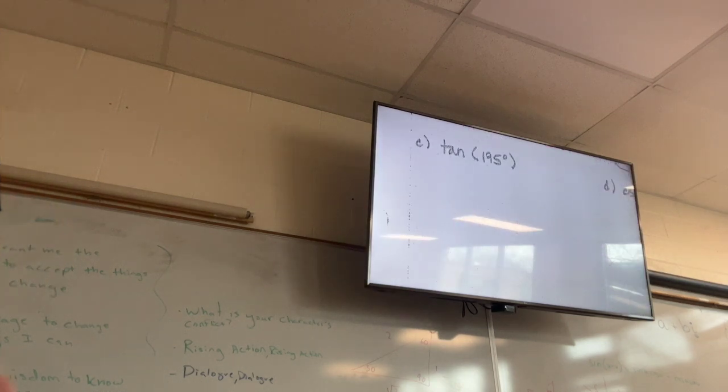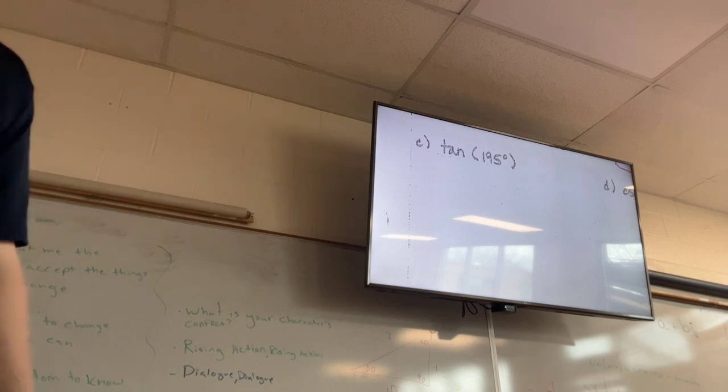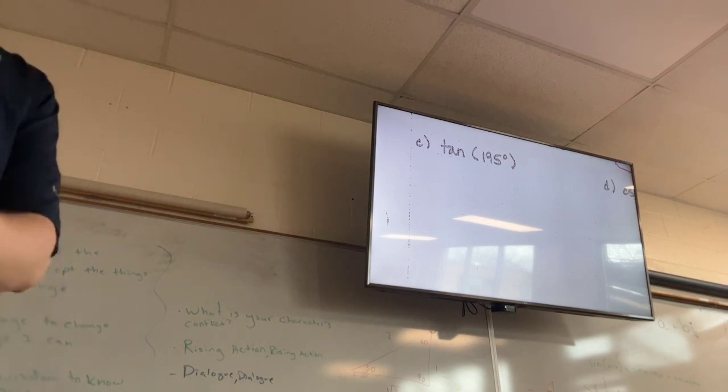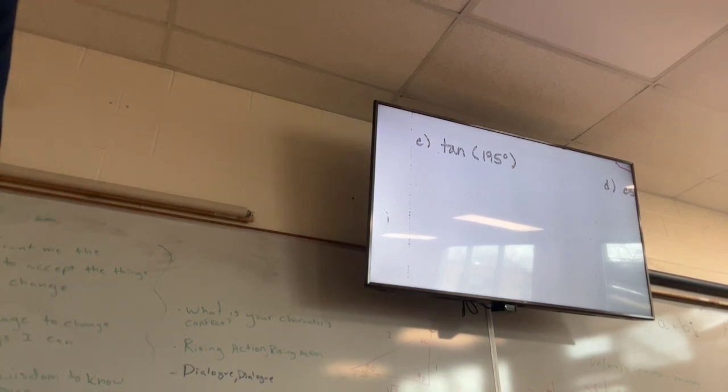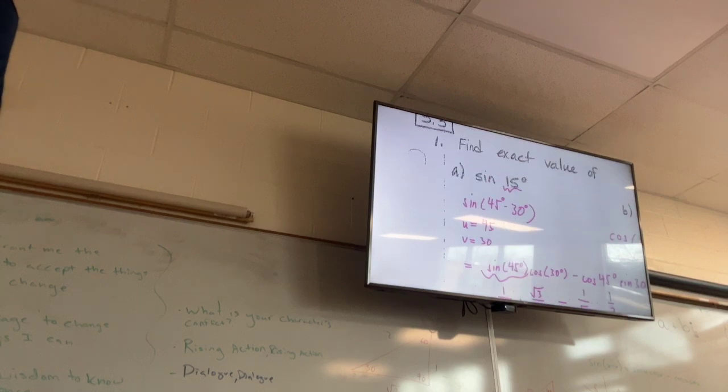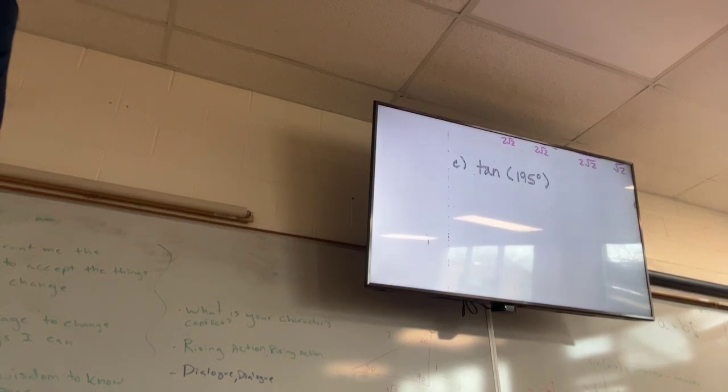Tan 195. So what are two angles? 150 and 45. We don't know how to find the tangent of 195 directly. We could using something like this, but that'd be extra work. The best way to do this is tan of 150 plus 45.